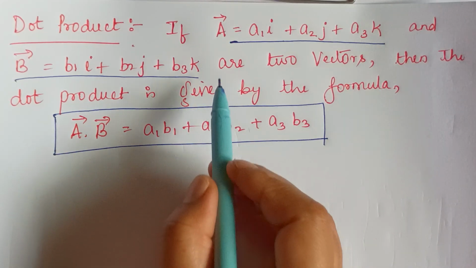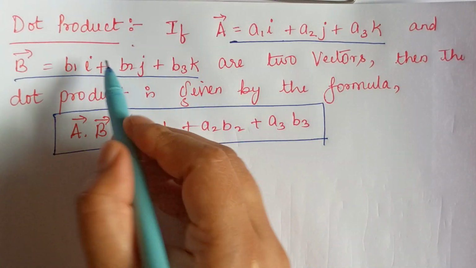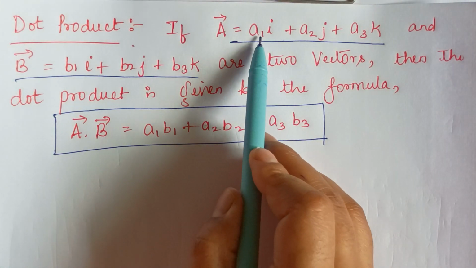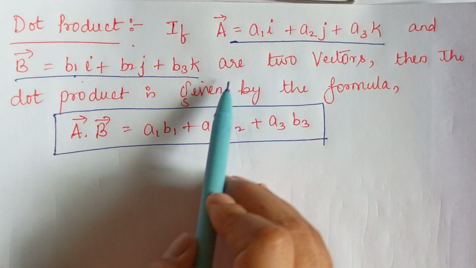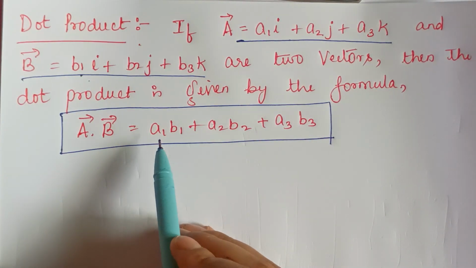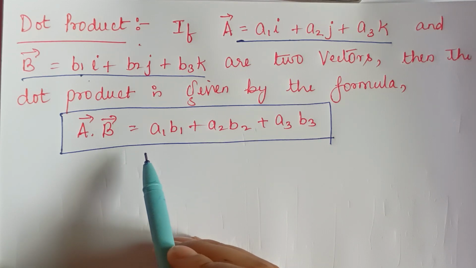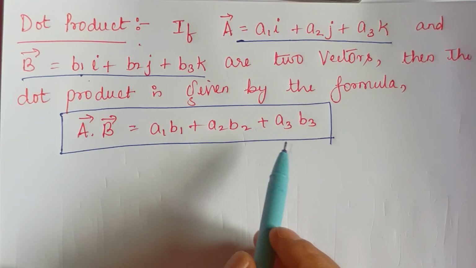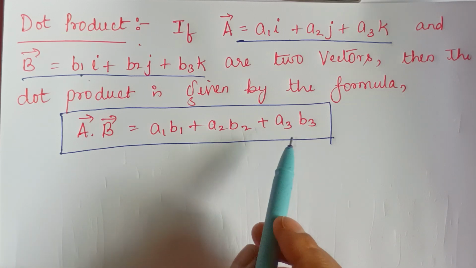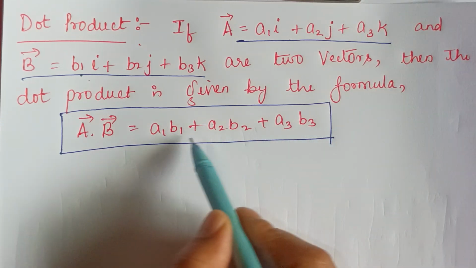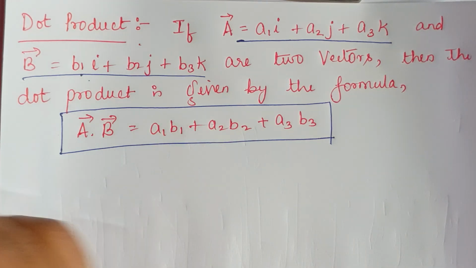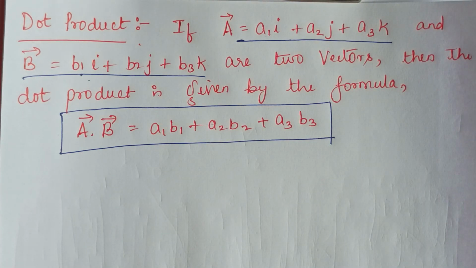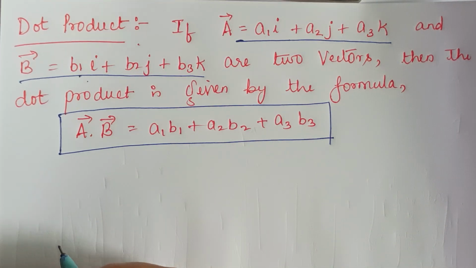You multiply each matching component, that is i with i, j with j, k with k, and then add them all up together: a1 b1 plus a2 b2 plus a3 b3.